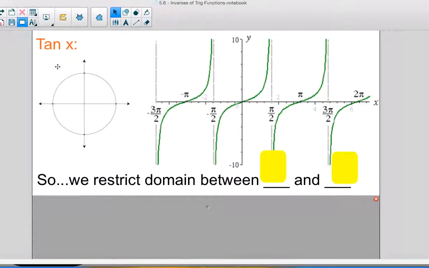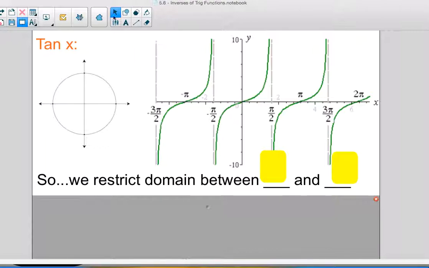So tangent, if this is the graph of tangent, now this one looks very different because it's y over x. So you don't have to have everything between negative 1 and 1. Y over x can be infinity if it's like a crazy small denominator. But it's the same idea where we're going to grab parts of the graph where we contain everything in a curve.